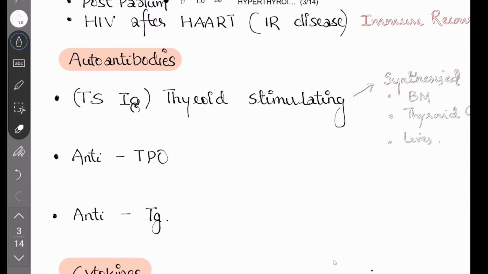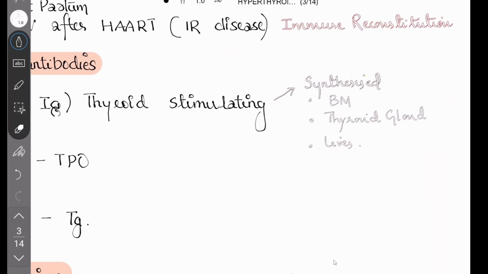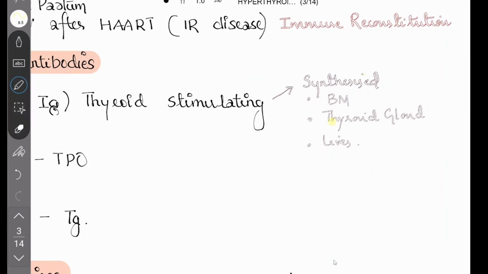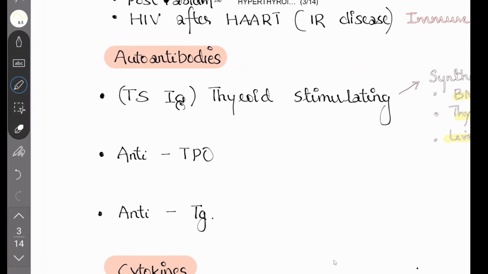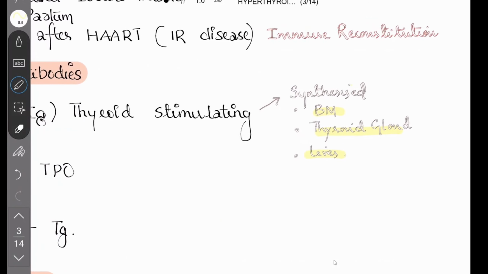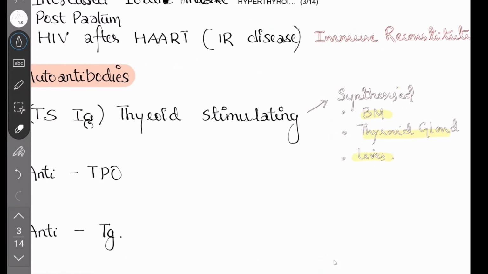The major autoantibody is thyroid stimulating immunoglobulin, which can be secreted from the thyroid gland, bone marrow, and liver. We also sometimes have anti-thyroid peroxidase antibody and anti-thyroglobulin, which can be found by thyroid binding immunoglobulin assay. Through this, we can find these antibodies.